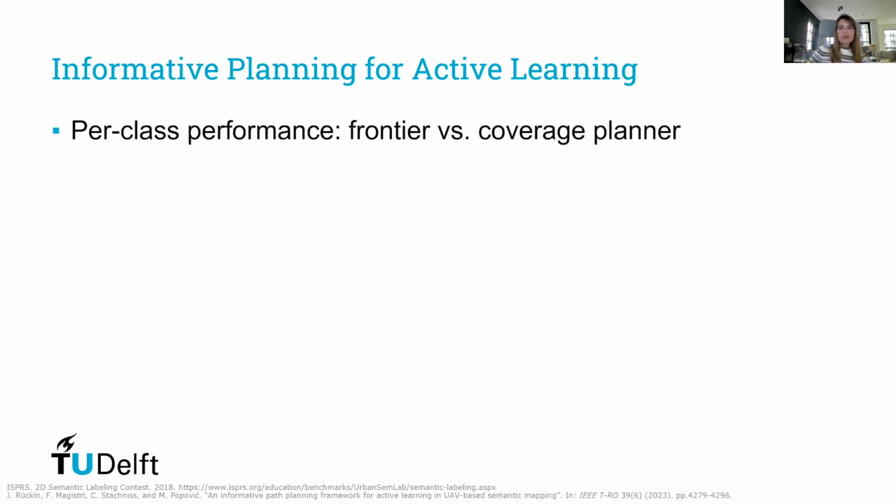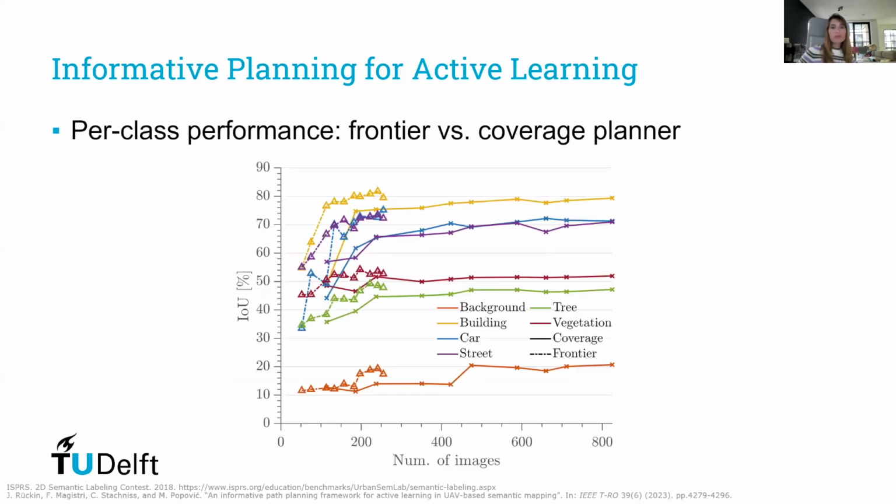Then to get more insight into our findings, we also looked at per class active learning performance for the different planners. Here you see the different classes that are found in the Potsdam dataset in the different colors. The dashed line is the performance of one of our global informative planners, and the solid line is the baseline, the coverage planning.